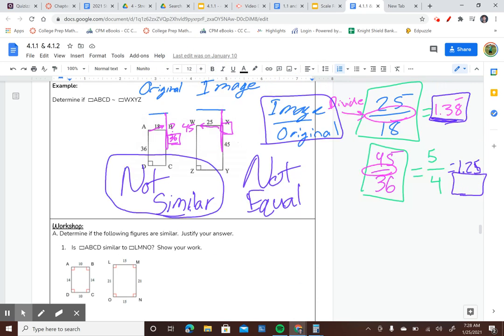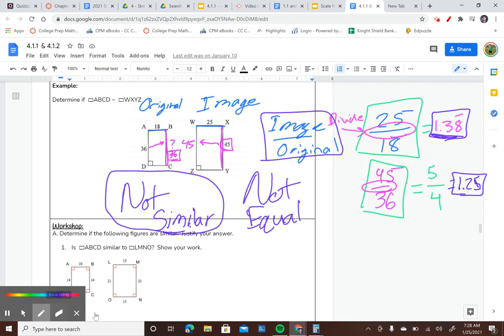If we look down at the first workshop question here, we have rectangle ABCD and rectangle LMNO. So if AB is with LM, we write it as the image over the original. So here we have our image, here we have our original.